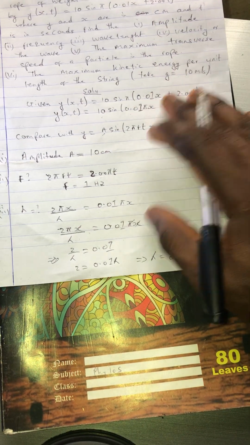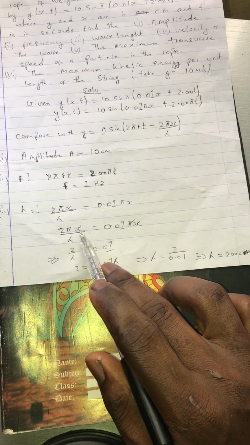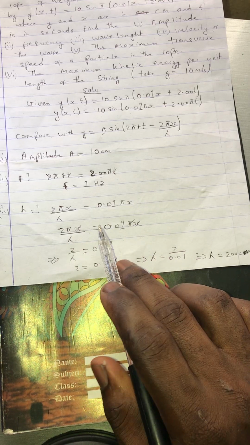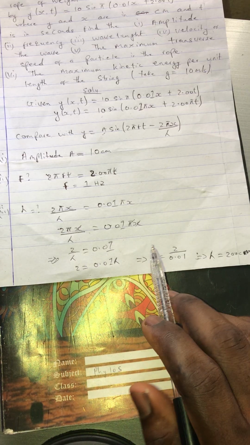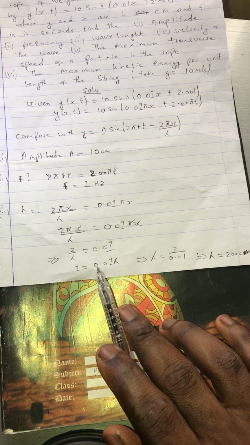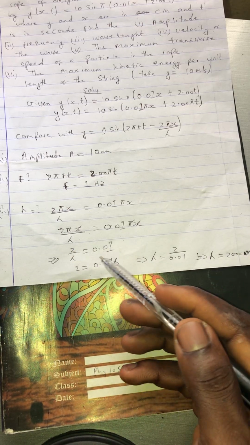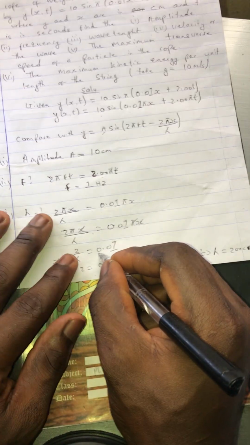What do we do here? We simply compare this with this. We bring here x, we cancel x, pi, we cancel pi. We are left with 2 all over lambda is equals to 0.01. The next thing is we are going to do cross and multiply. This will multiply this, and the lambda should be over 1.